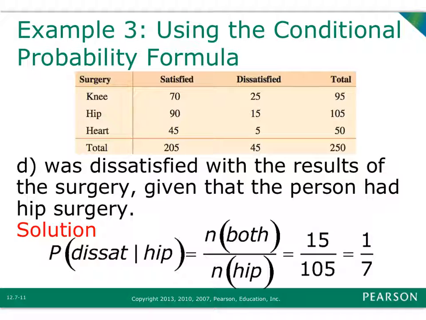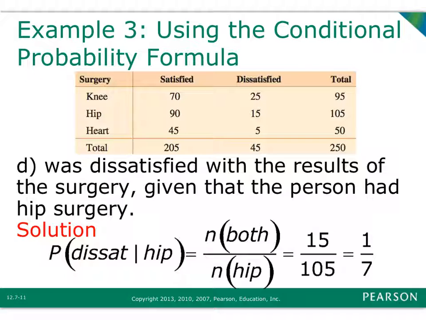So we can use the conditional probability formula again. The question now, part D, was, given we select a patient at random, what is the probability that the patient was dissatisfied with the results of the surgery given the person had hip surgery?